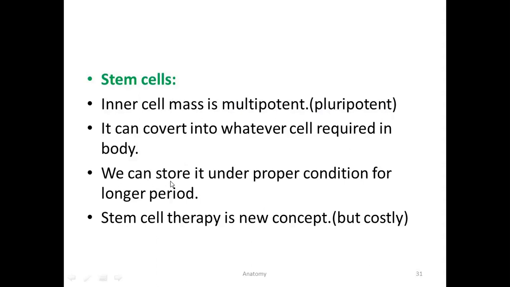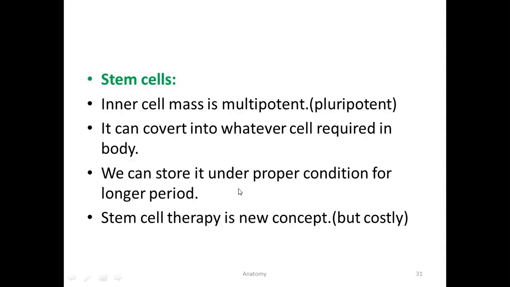We can store these cells under proper conditions for a longer period if we provide a proper environment. If we are able to preserve the stem cells for a longer time, we can replace the diseased part whenever we want.